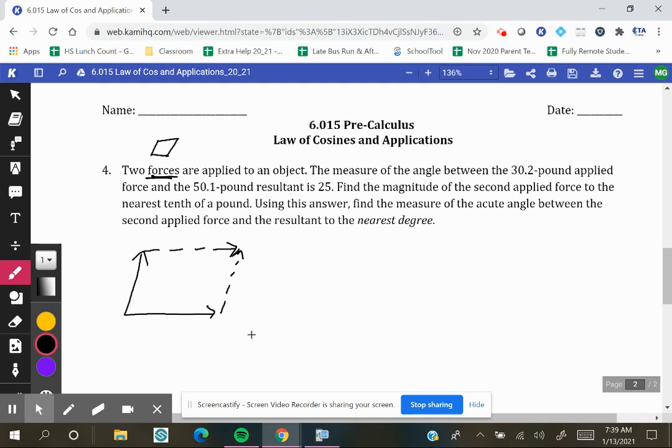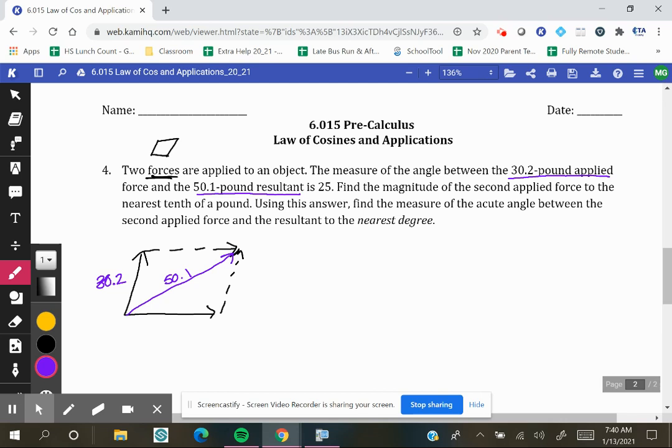Let's try that again. The measure of the angle between the 30.2 pound applied force, so I know one of my forces is 30.2, and the 50.1 pound resultant is 25. What are they saying is 25?